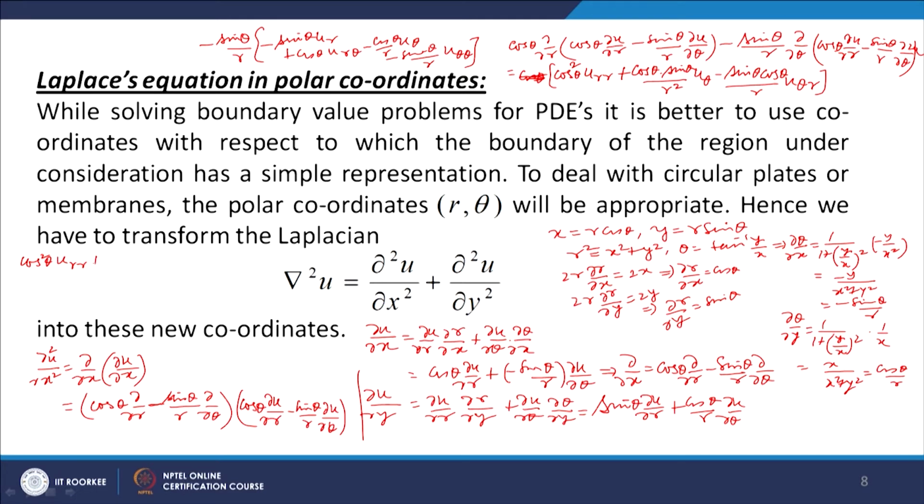So we get 2 sin θ cos θ over r² u_θ. Here we get minus sin θ cos θ over r u_rθ, and here what do we get? Minus sin θ over r cos θ u_rθ. So minus sin θ cos θ over r u_rθ. So we get minus 2 sin θ cos θ over r u_rθ.